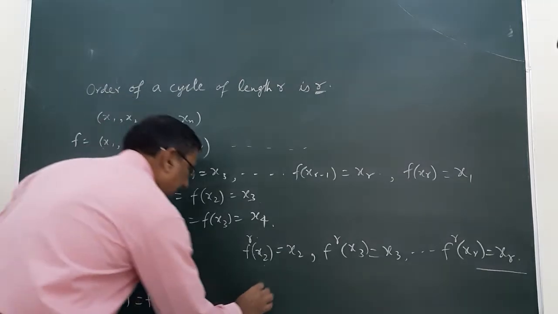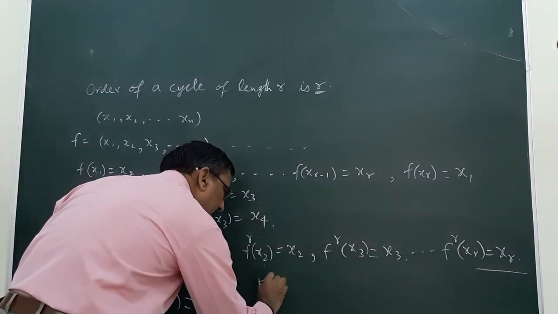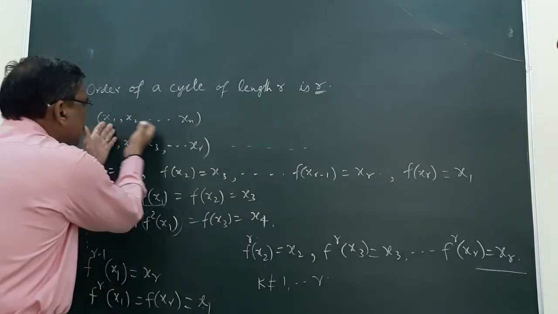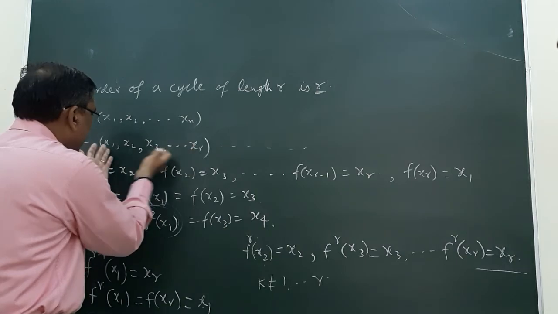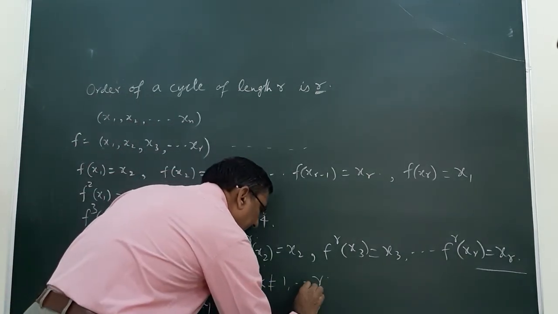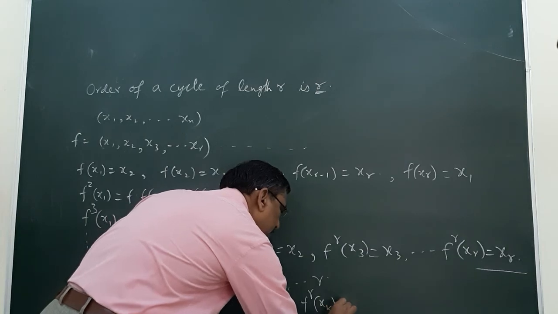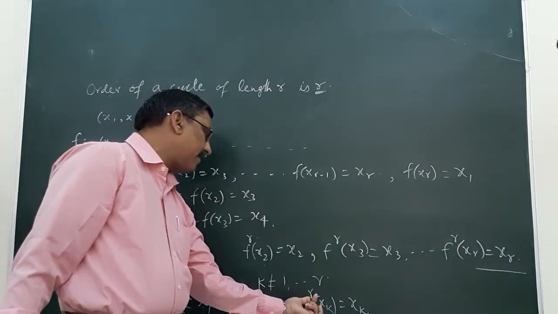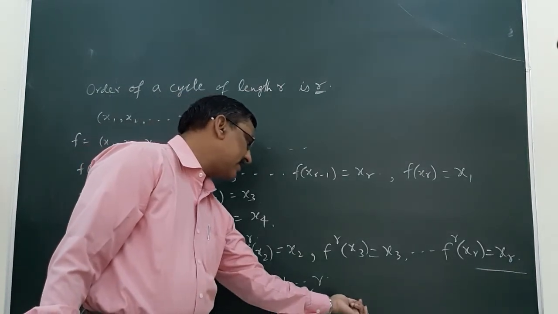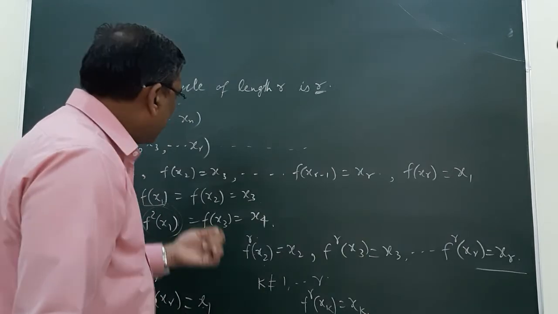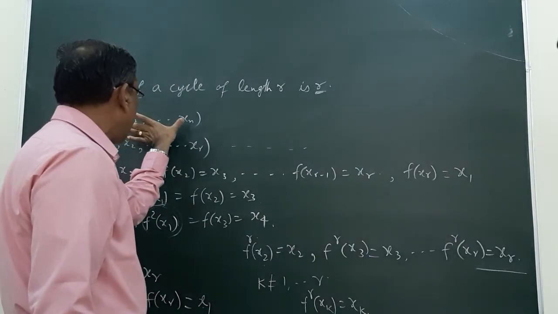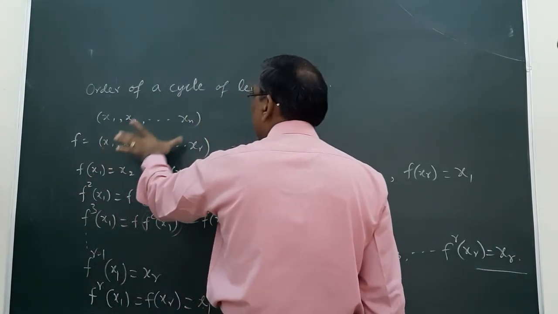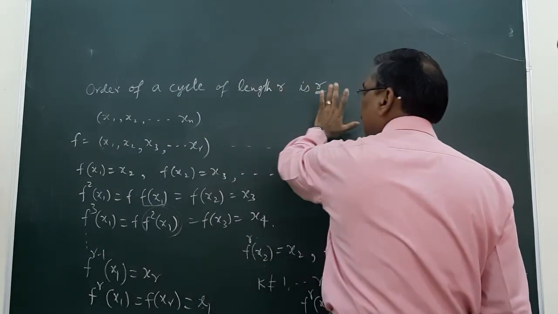So say k is not equal to 1 to r, meaning k does not belong to this set, and I can write F^r of xk is equal to xk, since F(xk) is equal to xk, so the rth power will give us the same element. So in general we can say for this set, if we have a cycle of length r, then the order of this cycle will be r.